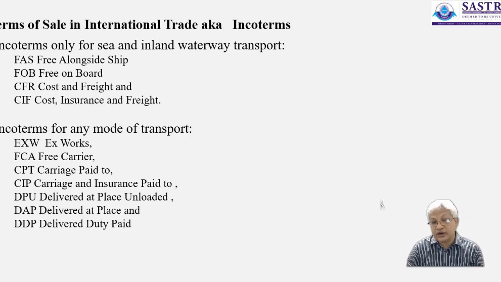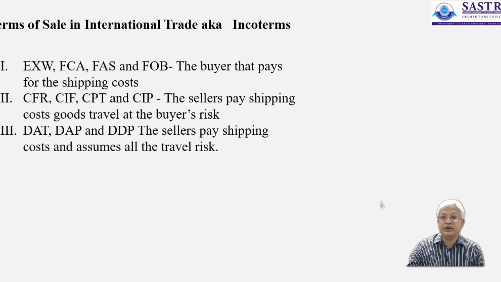So you can look at it in this grouping also. So now we have grouped it in the next slide based on a very important obligation. Let us see what it is.